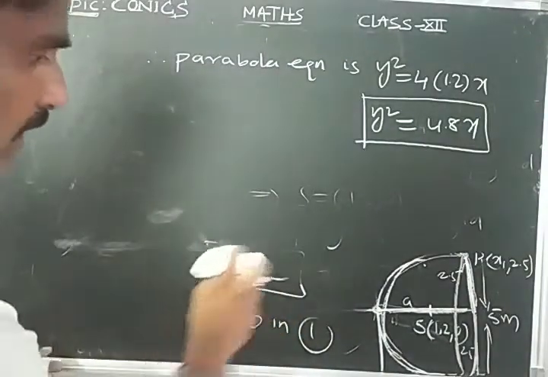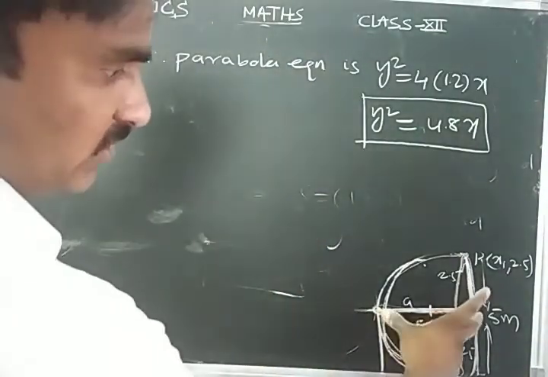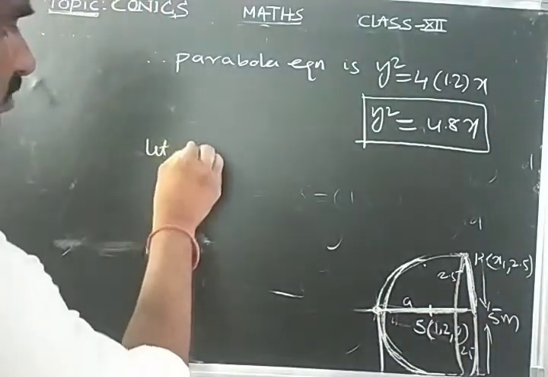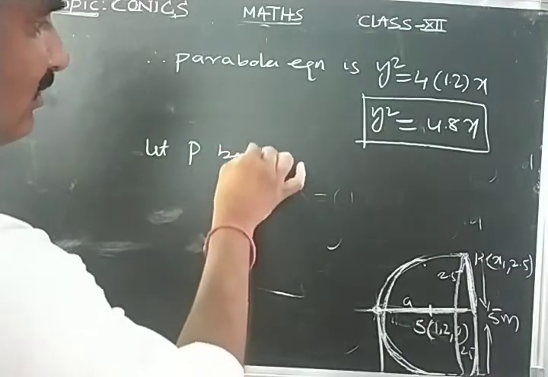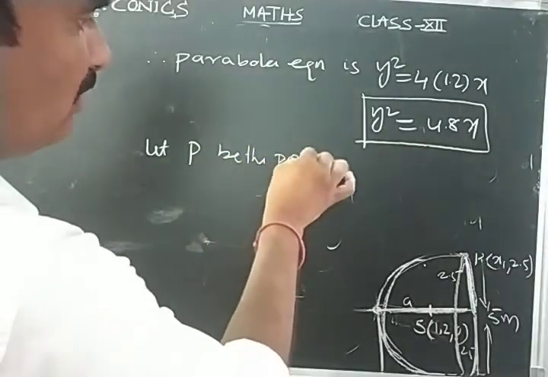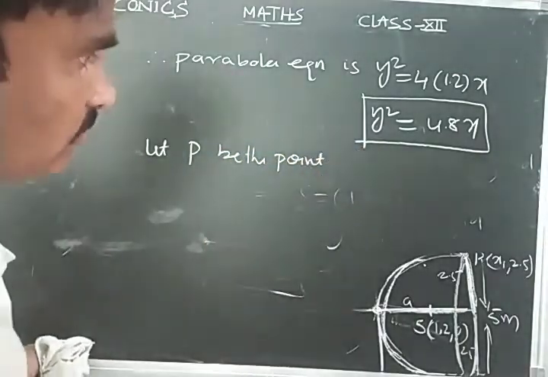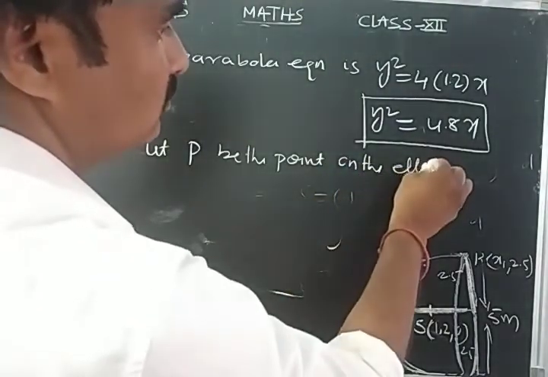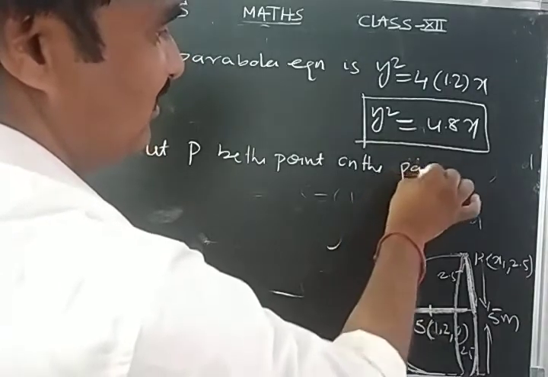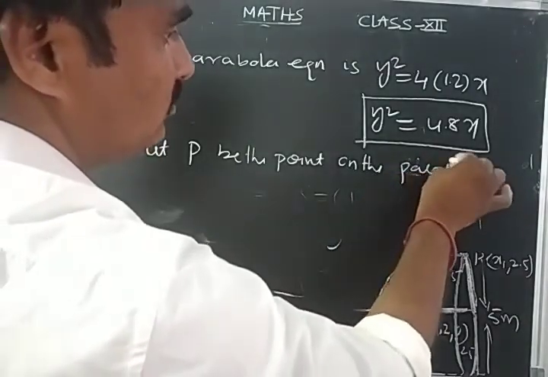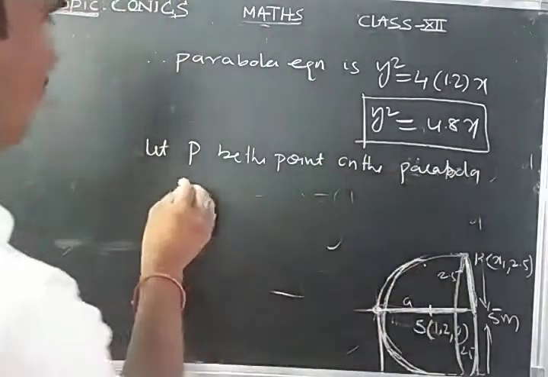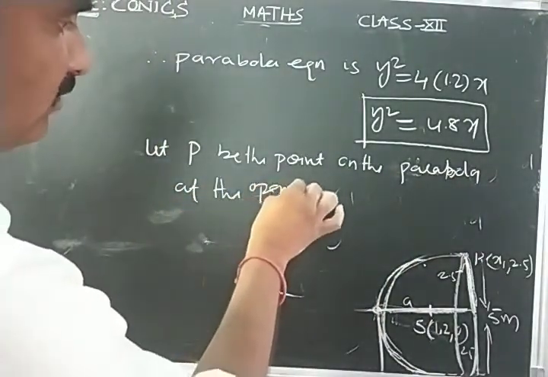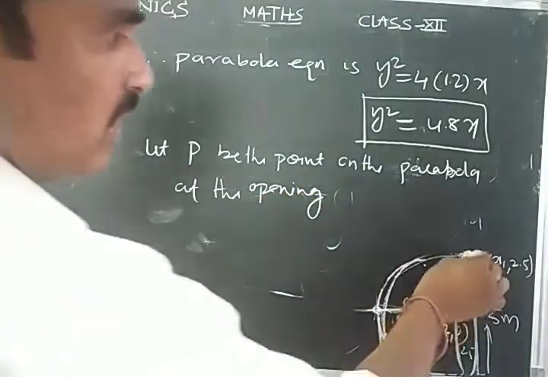Now problem B, we are going to find the depth of the satellite at the vertex. Let P be the point on the parabola at the opening, where height is 2.5.